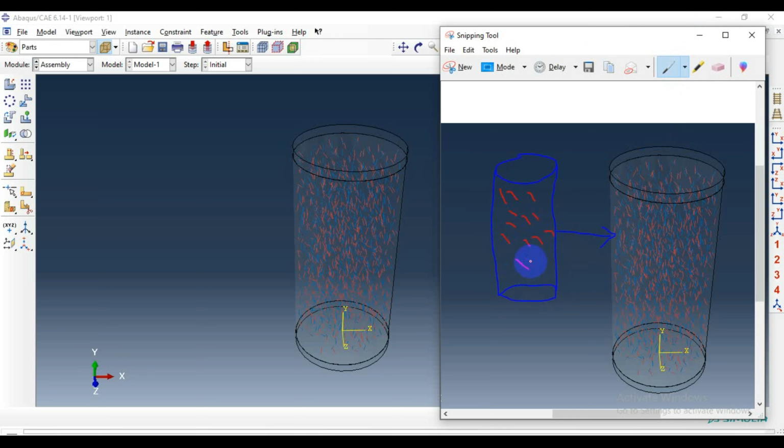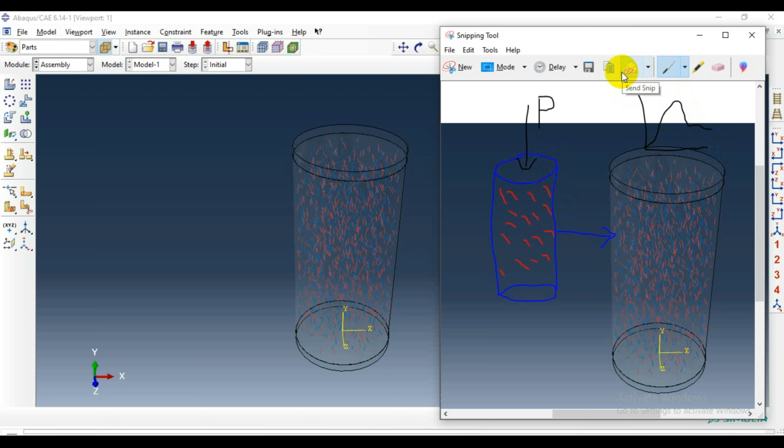If I apply a load P on top to check its mechanical properties, obviously I'm going to check its stress strain curve to find out what's going on in this model.